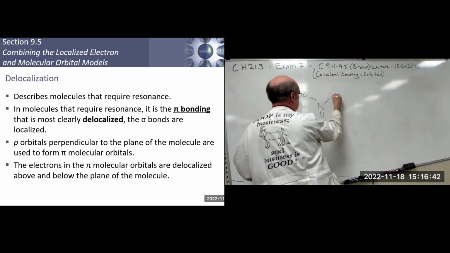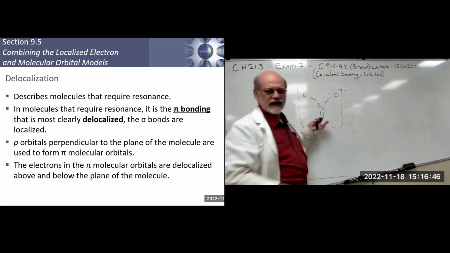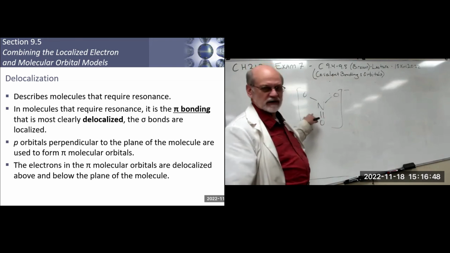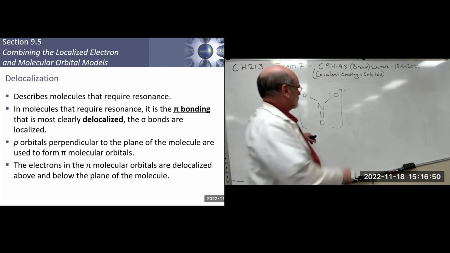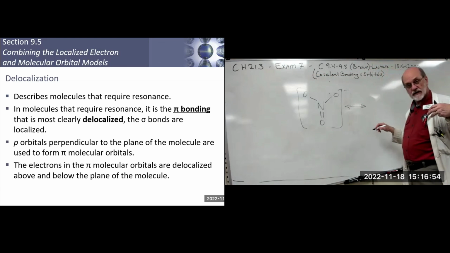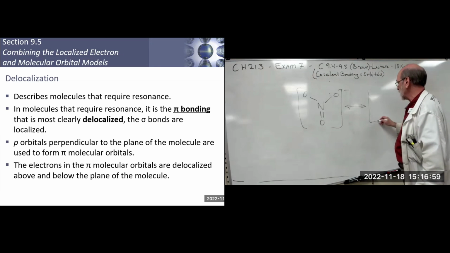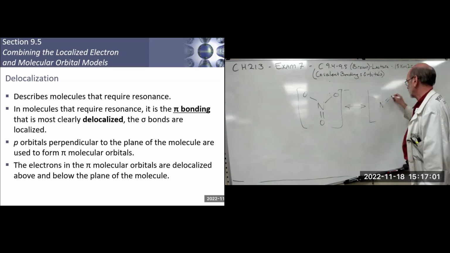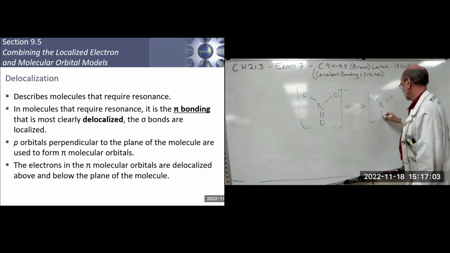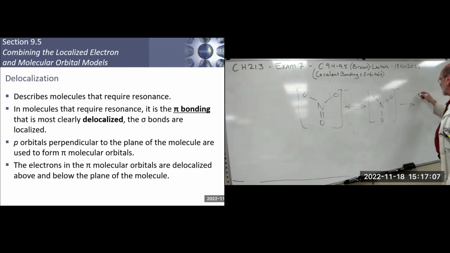and that, and that, and that. And I'm leaving out the extra unpaired electrons. And it would resonate because of the limitations of the localized electron model. It would resonate with this possibility, which would also resonate with this possibility.